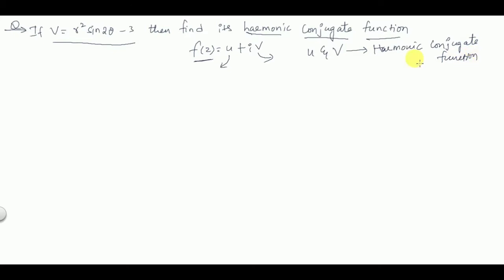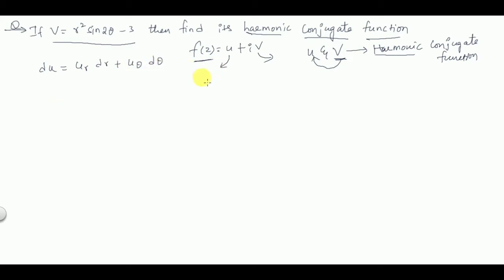If you are given v and asked to find its corresponding harmonic conjugate function, that means you have to find the function u. So how are you going to solve this? We need du, so we need to find u. So it is u_r dr plus u_theta d theta.